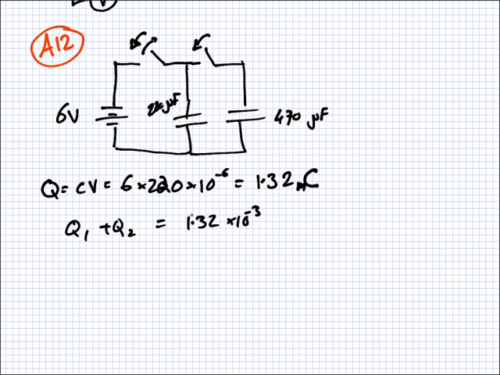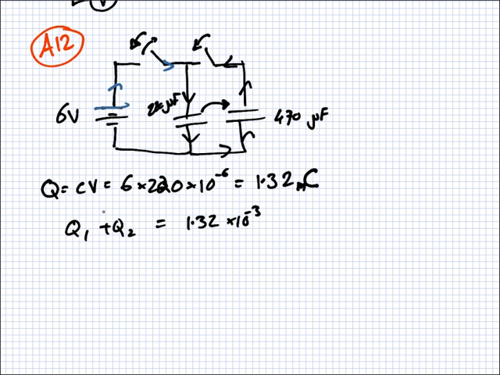So when you close the switch, the current is going like this. This one charges that one, and when they reach equal voltage, the charging is done.